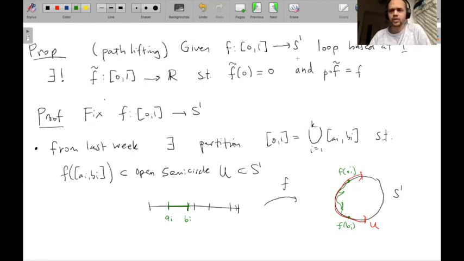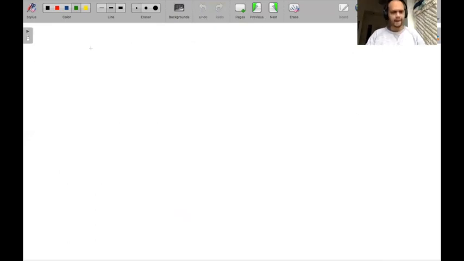Okay, so let's see what we can do with this. This is going to aid us in defining the lift. We'll define the lift over these subintervals separately. So in order to do that, first an observation.